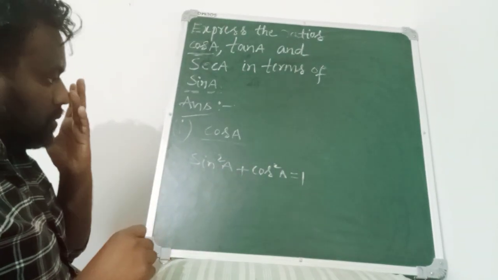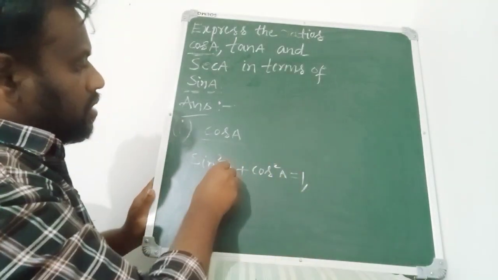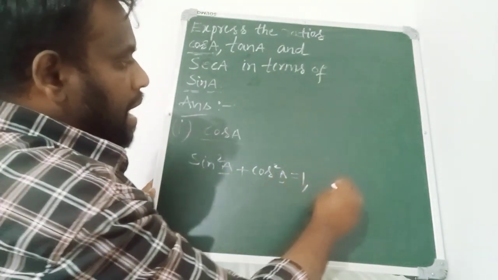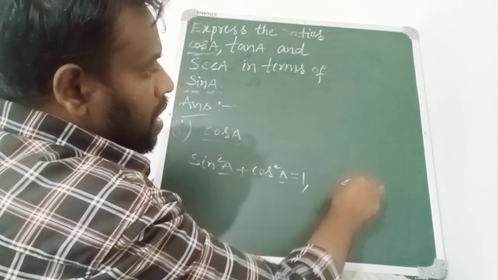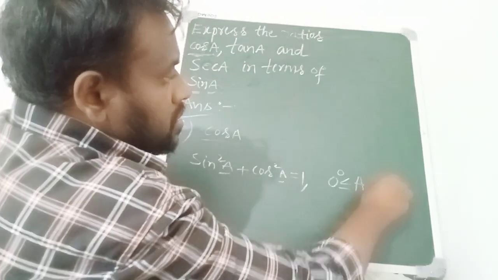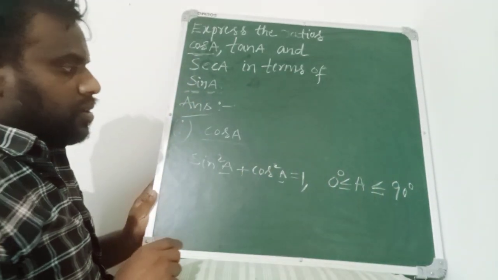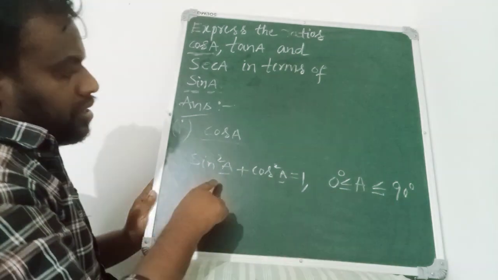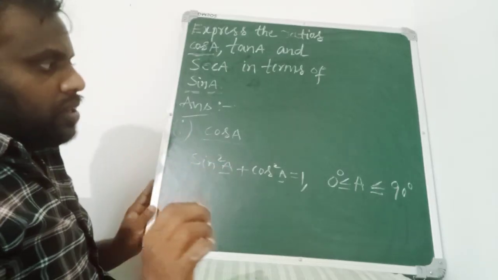See, this formula is applicable only when A represents the angle, when this angle A is greater than or equal to 0 degree and less than or equal to 90 degree. When angle A is between 0 degree and 90 degree, then this formula is applicable, or this holds good.